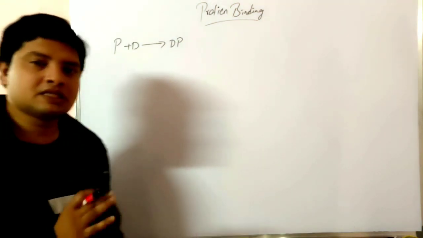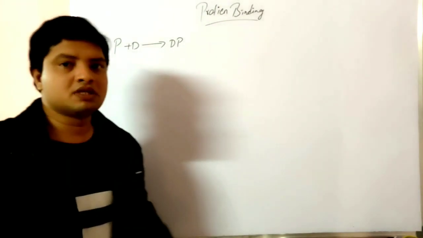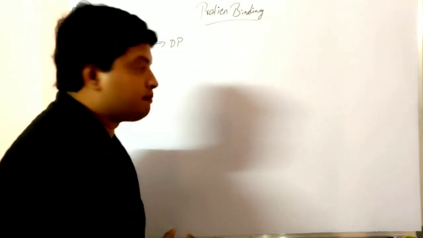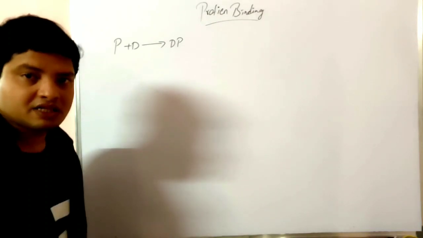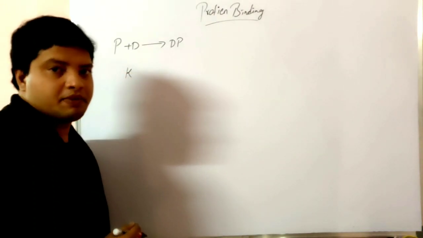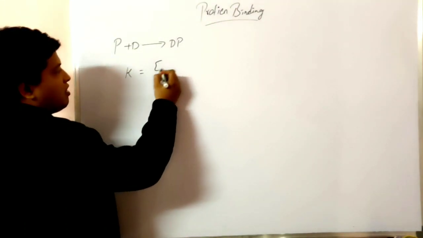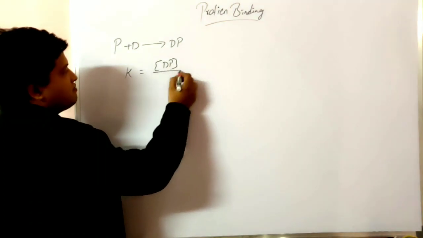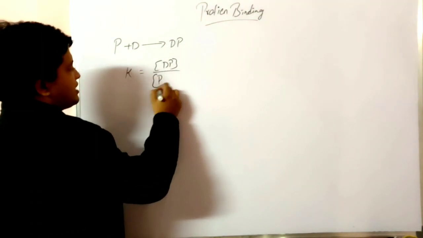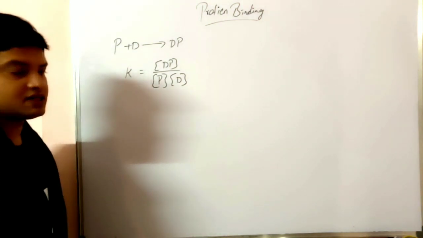Drug comes, reacts with the protein and forms the drug protein complex. If I apply the law of mass action, the stability constant K of the complex is the concentration of product divided by the product of the concentrations of reactants.